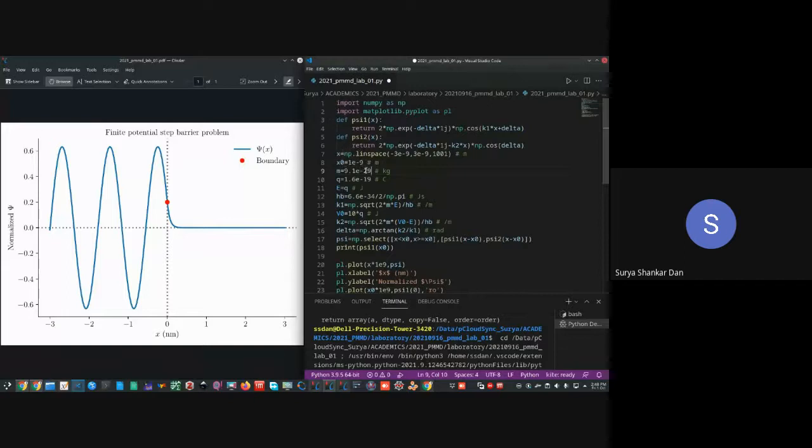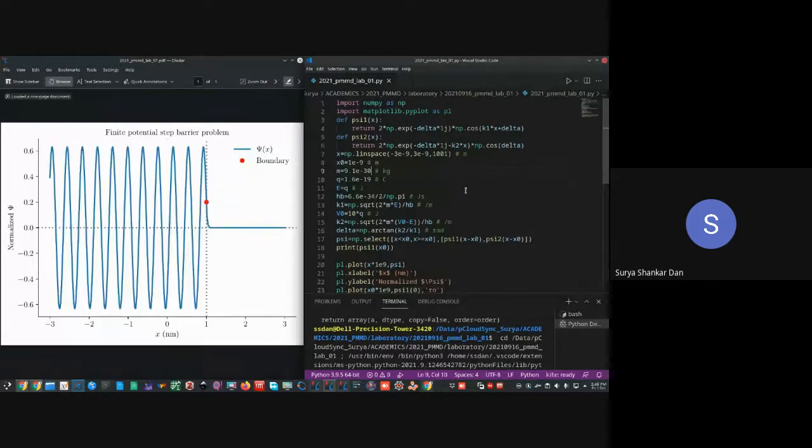I'm not bothered about the exact mass of the proton or something. I'm just saying what will happen if we are increasing the weight of the system. This is 10 power minus 31, which was the electron weight. It is now 10 times heavier than the electron. Okay, let's run this. Okay, so what did we get here?